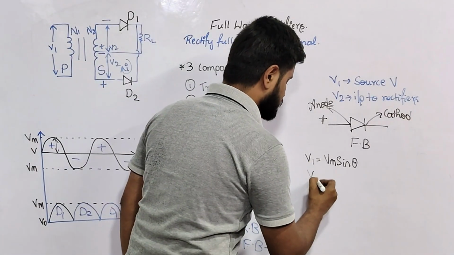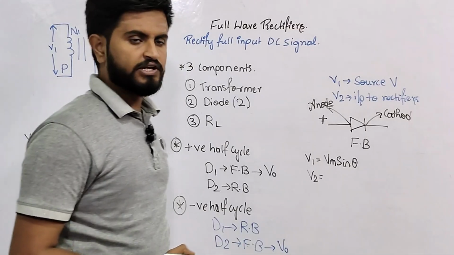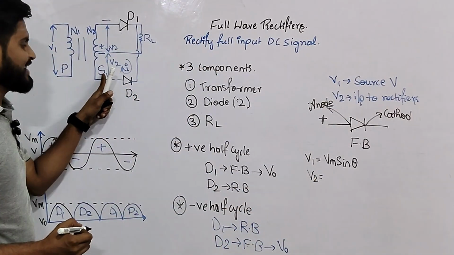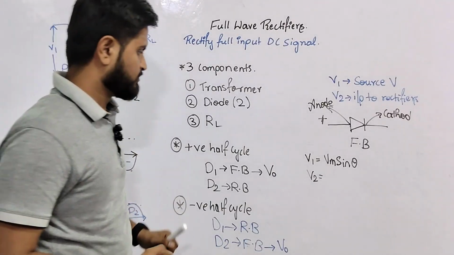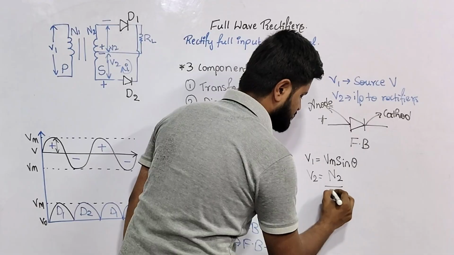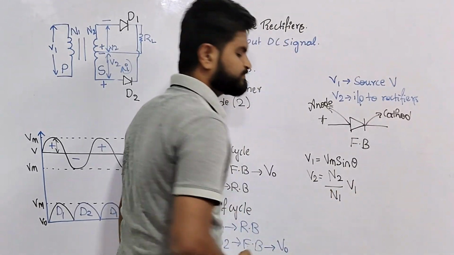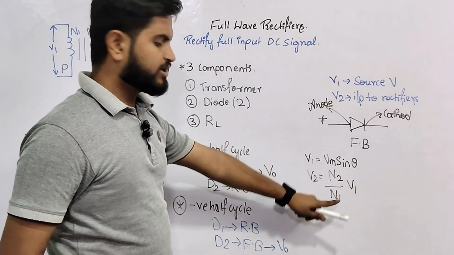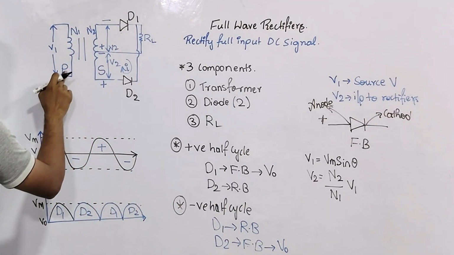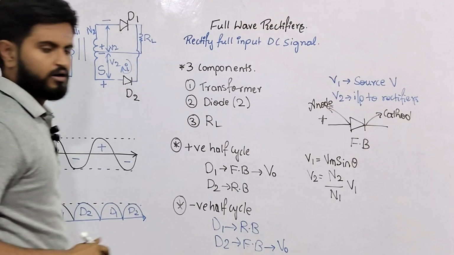Now if we want to find the V2 value, what is V2? V2 is the input to the rectifier, which will be in the secondary coil of the transformer. So V2 will be equal to N2 divided by N1 into V1. What are N2 and N1? N2 is the number of turns in the secondary coil, N1 is the number of turns in the primary coil.